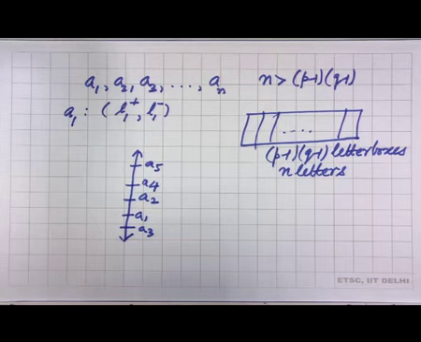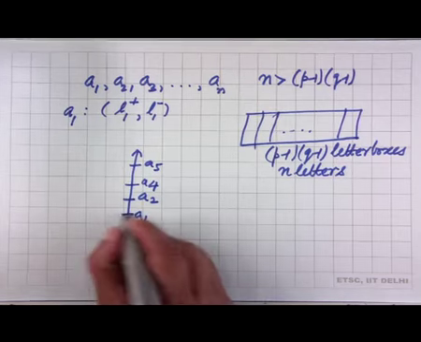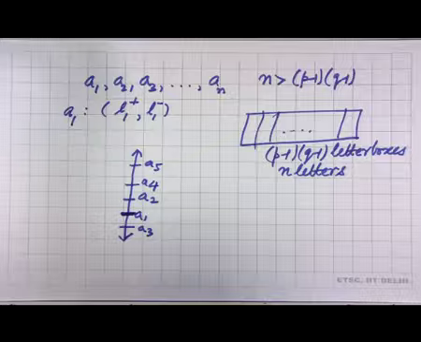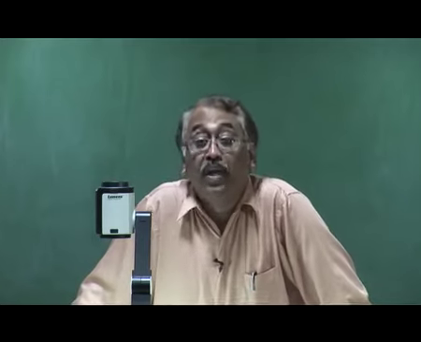What does L1 plus mean? It means that you start at A1, the first slot, and you look at the subsequence starting with A1, and look at the longest subsequence that you can find that is increasing. So the plus actually denotes the increasing part.